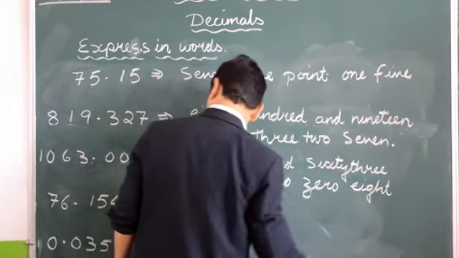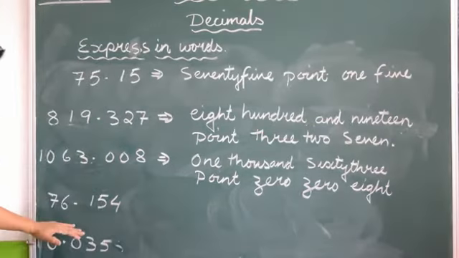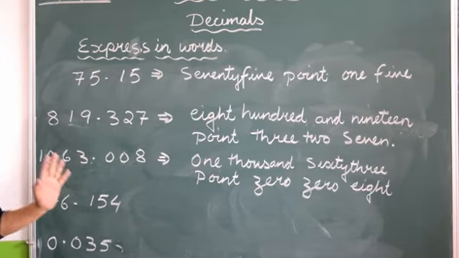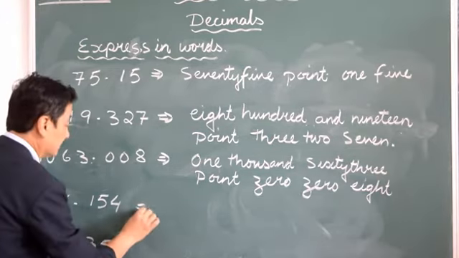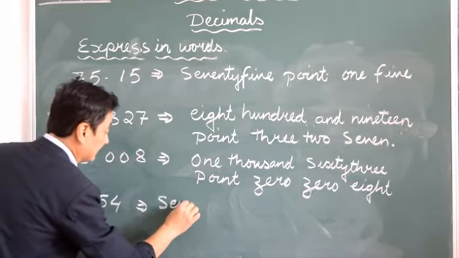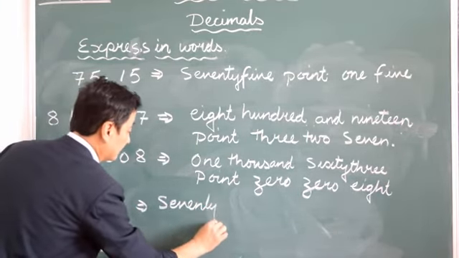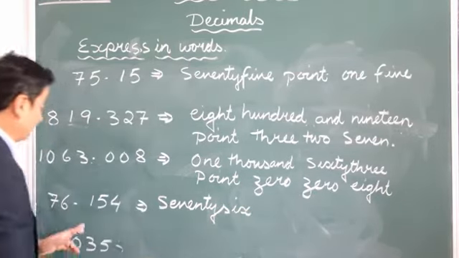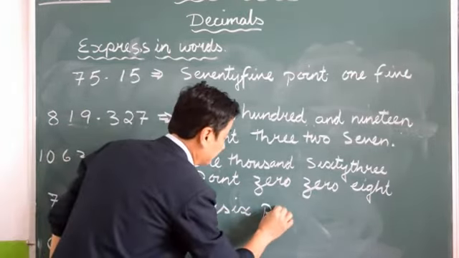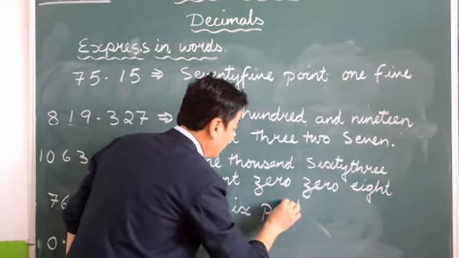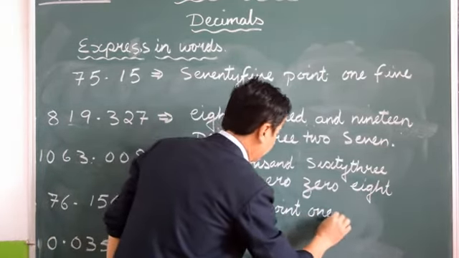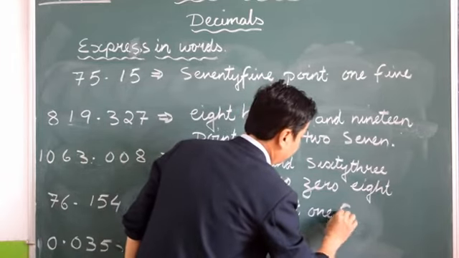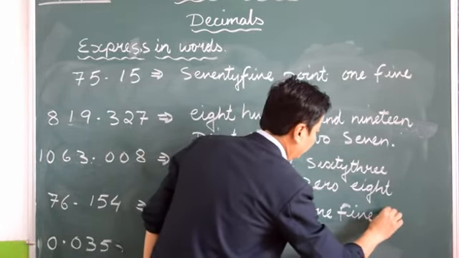Now let's have a look at this one. What is it? 76.154. Remember to read the number first and then write. 76.154.